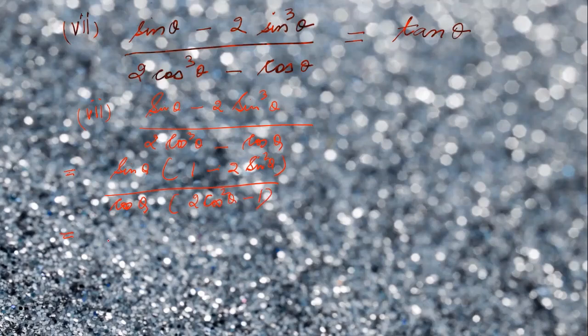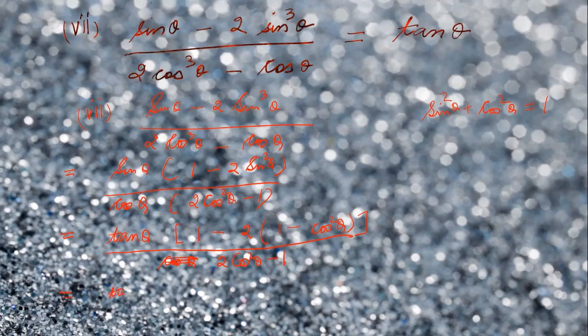Sin theta upon cos theta is your tan theta, and here you are having 1 minus 2 sin square theta, you can write as 1 minus cos square theta. Yes, you know the identity, sin square theta plus cos square theta is 1. Now divided by 2 cos square theta minus 1.